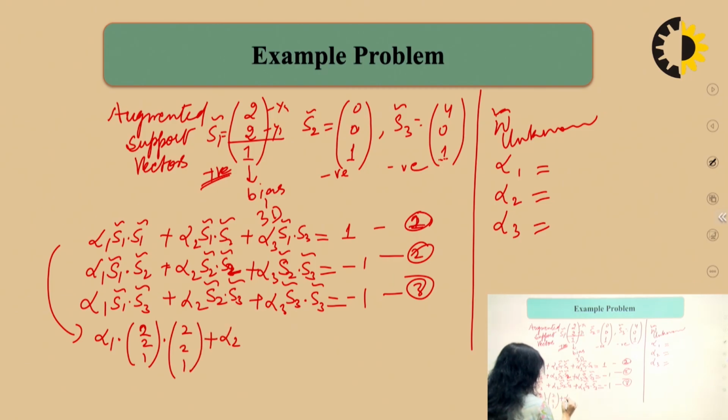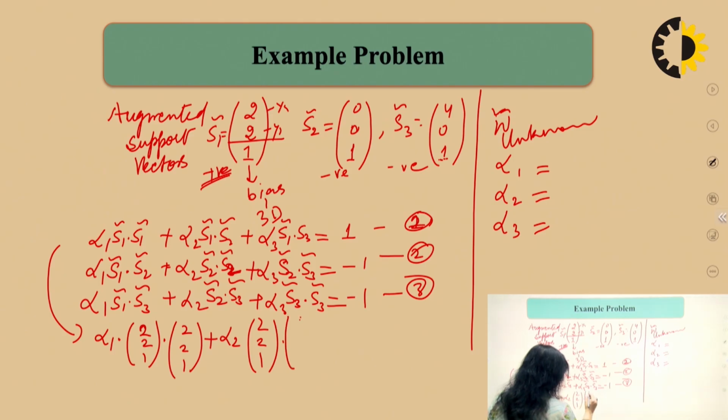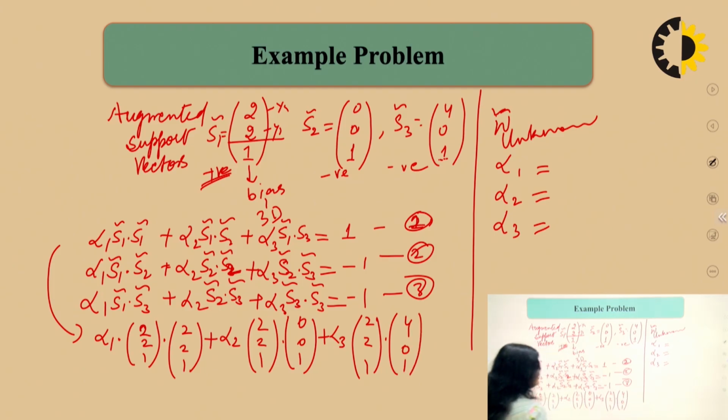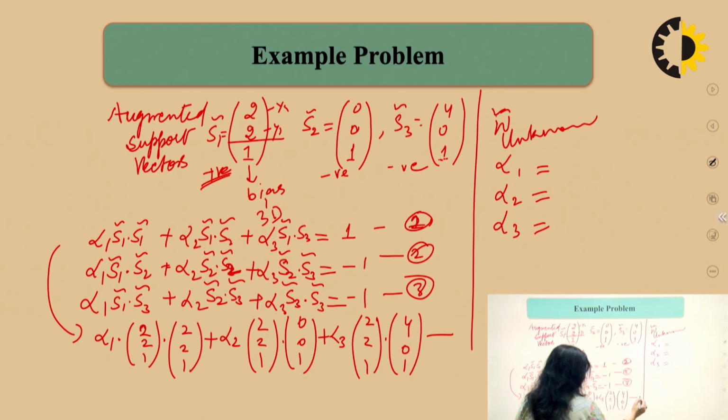Then alpha 2, this will be S1, S2, where S1 is 2 to 1 and S2 is 0, 0, 1. Then alpha 3, again S1, which is 2 to 1, and you take the dot product of this with S3, which is 4, 0, 1. So this is the first equation.